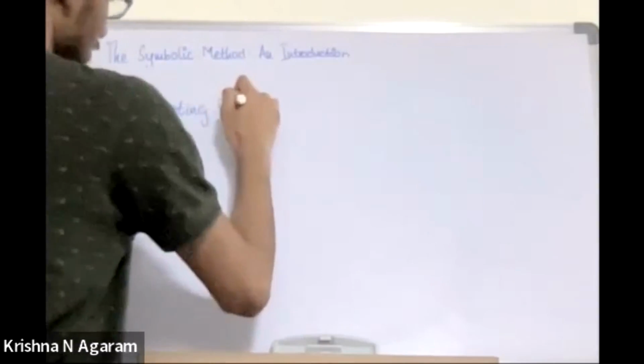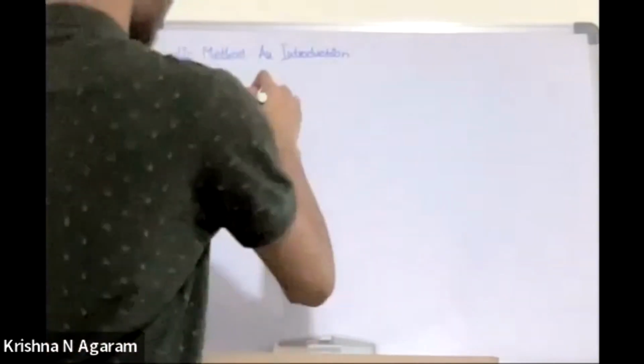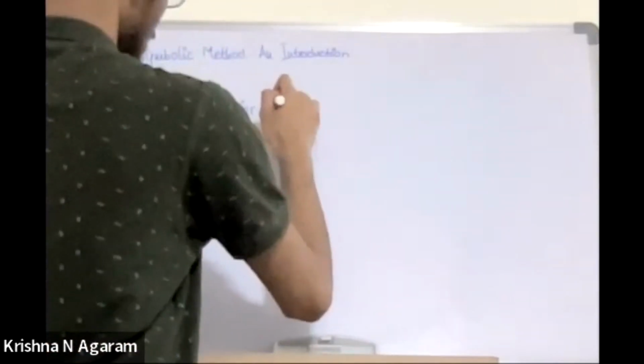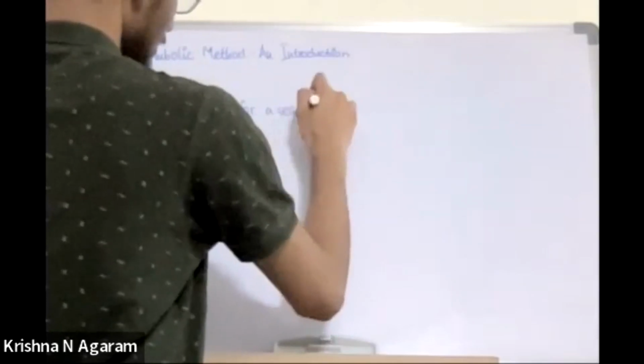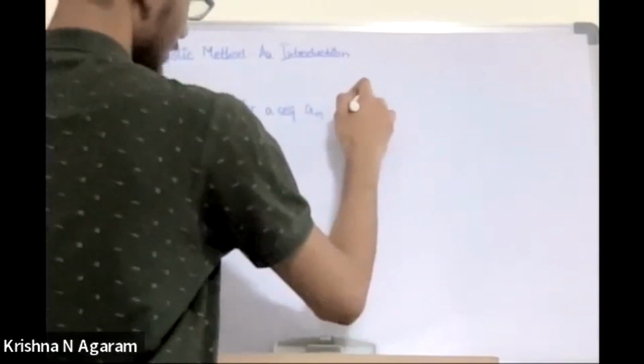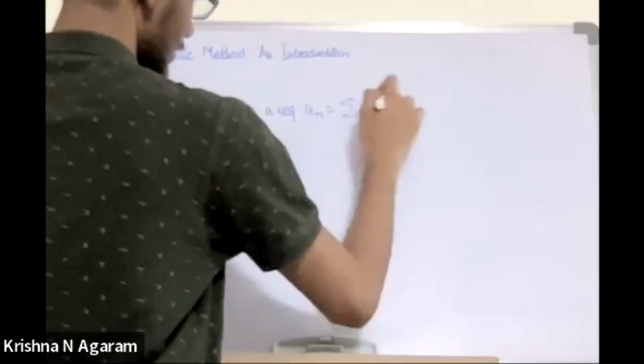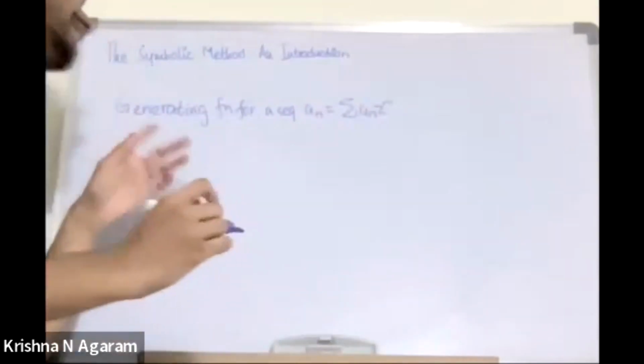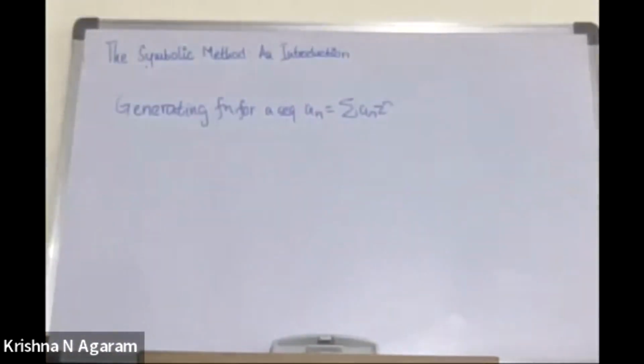A generating function for a sequence a_n is essentially the formal series summation of this, and all those rules apply. We will define where we'll use generating functions a little later when we look at the symbolic method.